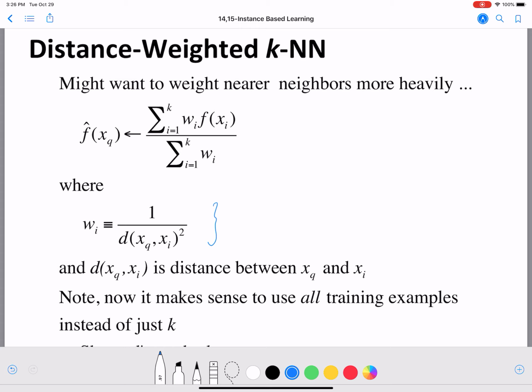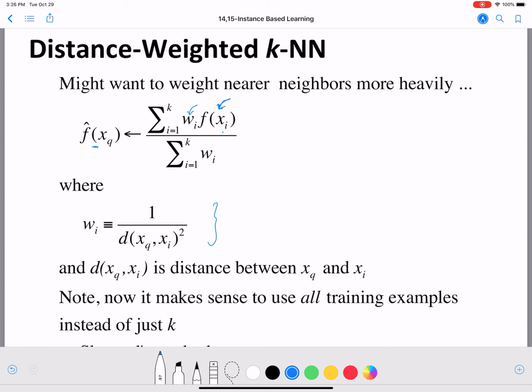And then we weight the y value, y or f of xi, which is the prediction of each xi data point, and then that weighted value would be used to determine the y value for our query instance xq.